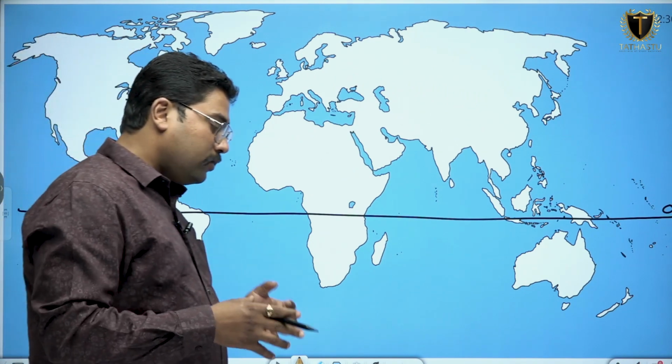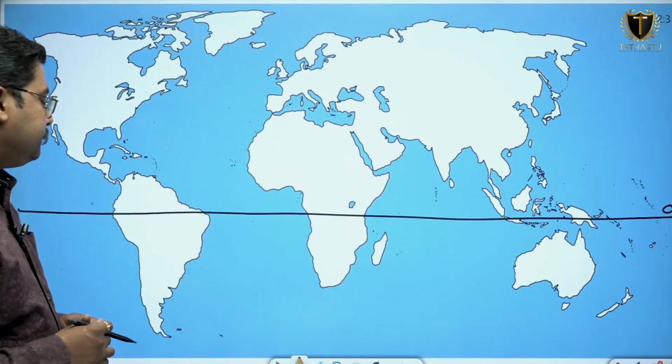About the oceans, there are 5 oceans as we all know: Pacific, Atlantic, Indian, Arctic and Antarctic, which is considered as Southern Ocean also, out of which Arctic and Antarctic are frozen, so we are not going to see that, and Indian Ocean only the southern part, because in the northern part India is present. So mainly the full oceans are Atlantic and Pacific. We will start with the currents of Atlantic Ocean.